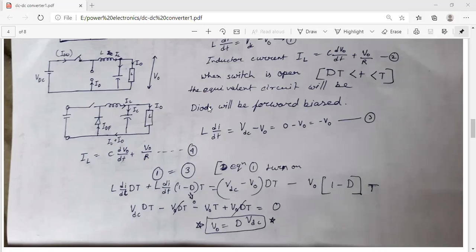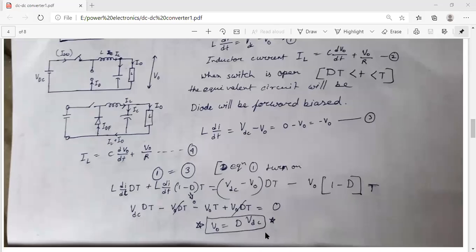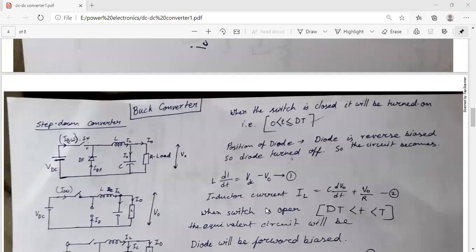Since it is when the switch is open, that is for the off period, and switch is closed means that is for the on period. So L di dt here equal to minus V naught. So this way we are calculating, and we get the output voltage V naught equal to D into VDC. So the supply voltage you can see is greater than the output voltage, so it is called a step down converter.